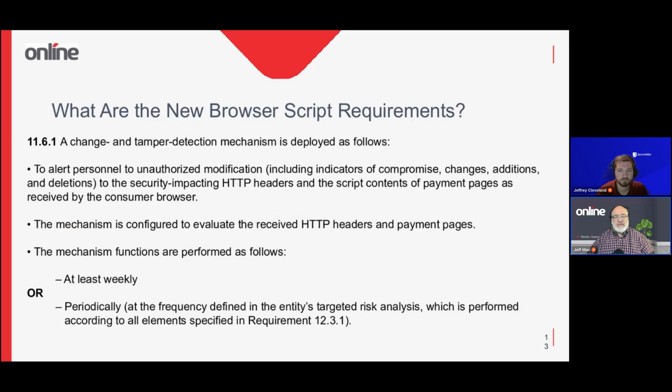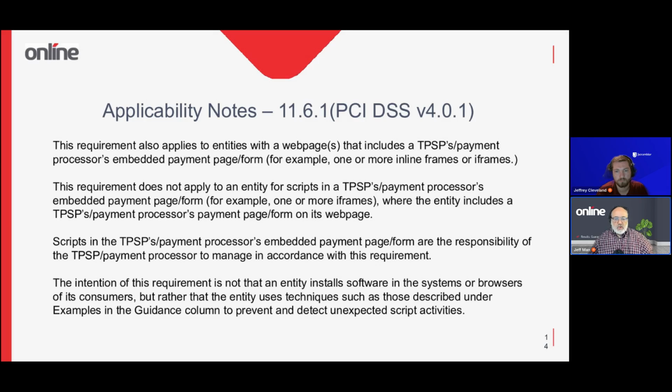Subsequently, then, very briefly, the 11.6.1 requirement is looking for any kind of change or tamper detection mechanism associated with the HTTP headers, which are often part of this presentation using all these different types of scripts. Now, very briefly, what does this look like? Here's the applicability notes.